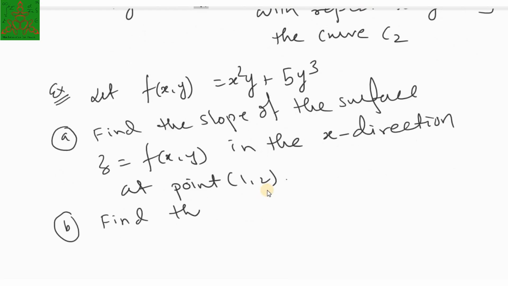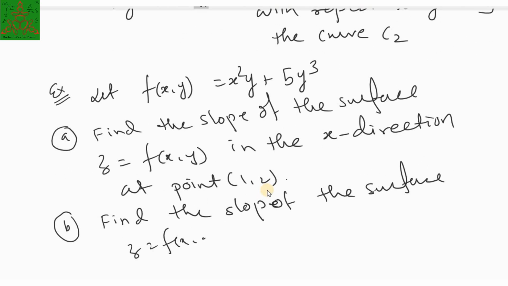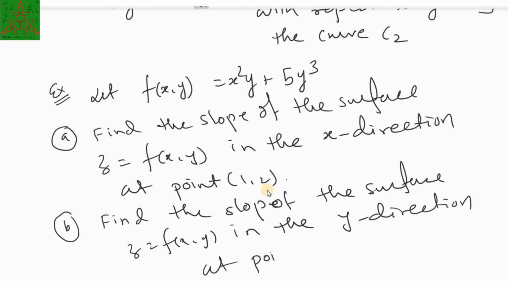Second one: find the slope of the surface z equal to f of x, y in the y direction at point 1, 2.